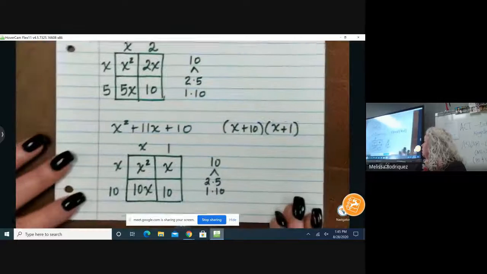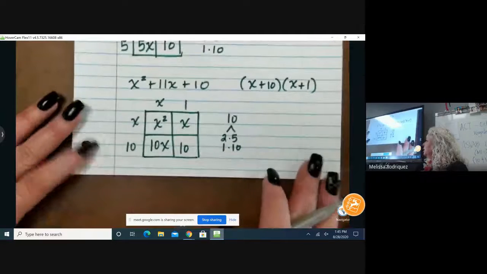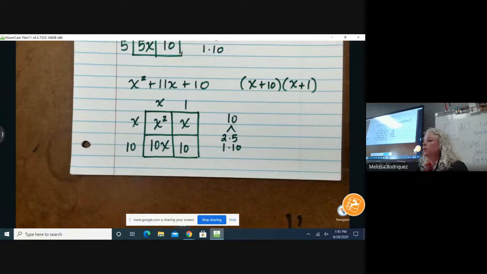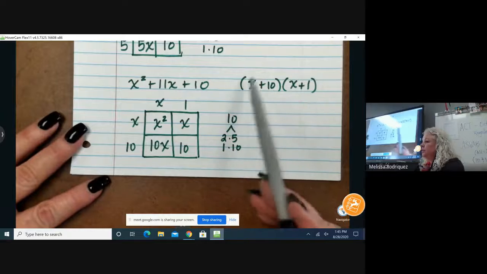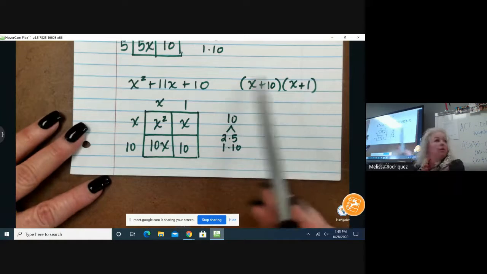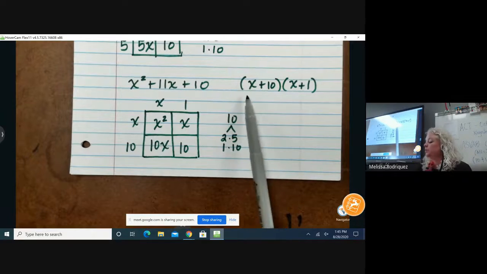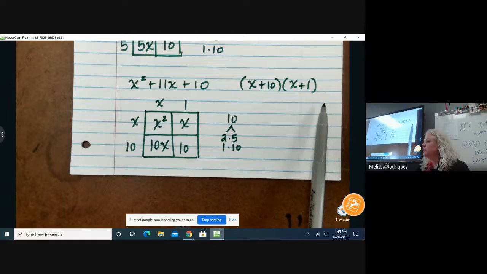When you finish, check yours with mine. And let's see if there are any questions. As long as you get the same factors, you could have put x plus 1 times x plus 10, and that's still the same exact answer.